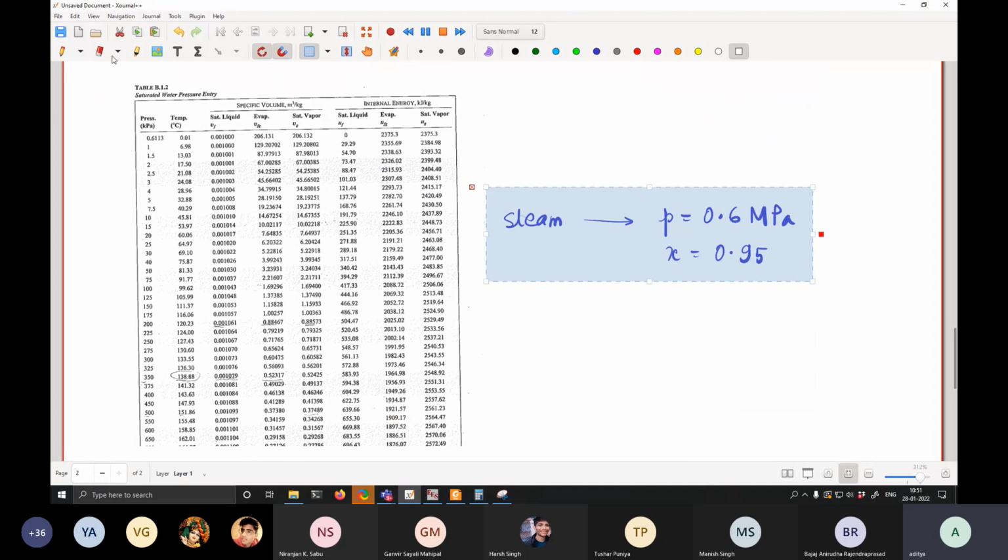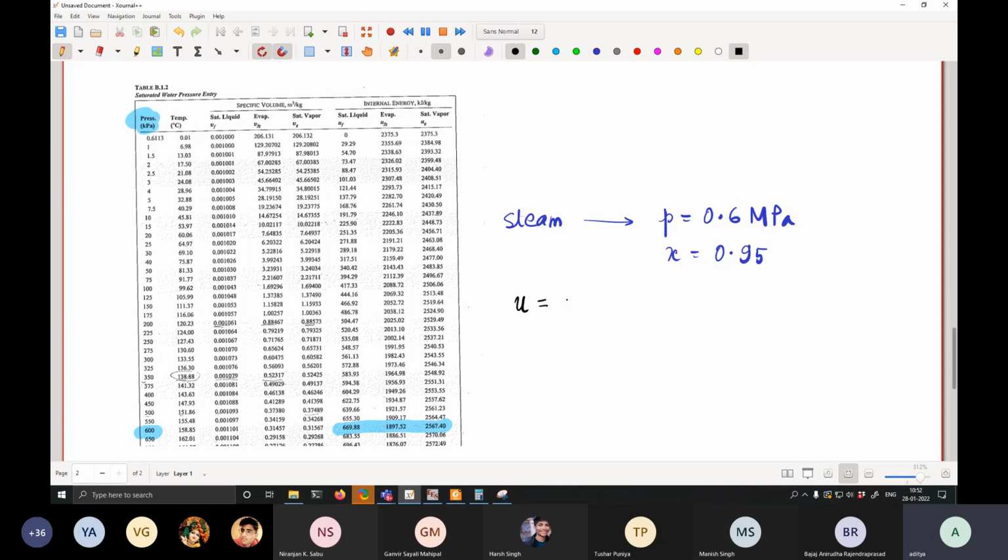So what do we have? Pressure 600 kPa. I mean, is this visible or is it too small? Okay, you can download it and look at it later. So 600 kilopascal, these are the entries of our interest.